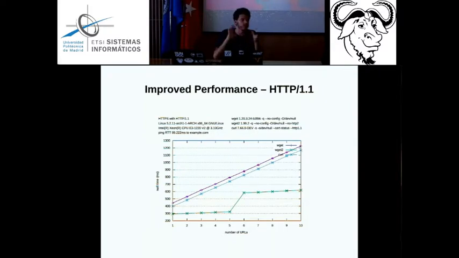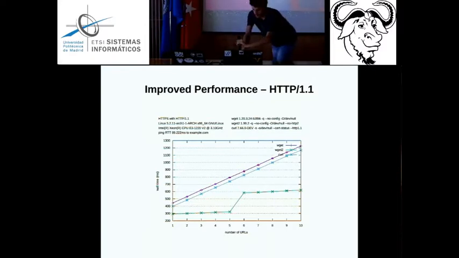Here we have some graphics we made to show that WGET2 has improved performance over WGET1 and also curl. Well, as you can see, we have the wall time, which is the execution time.